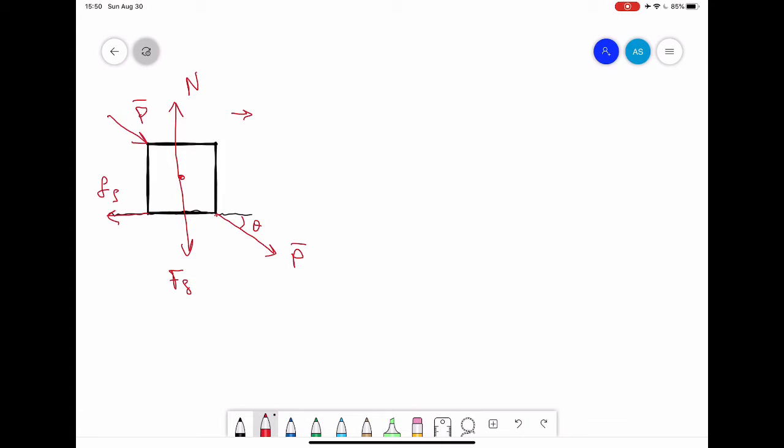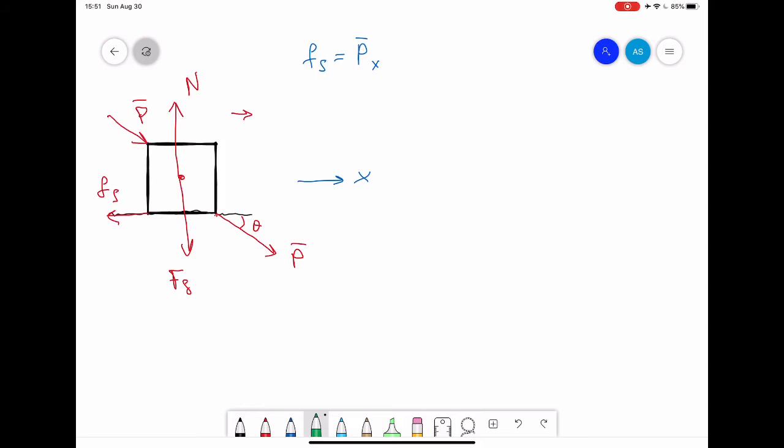We know that static friction is equal to the applied force P in the x direction, because we have to consider only the x component in this case. So the P force has to be resolved into two components, right?